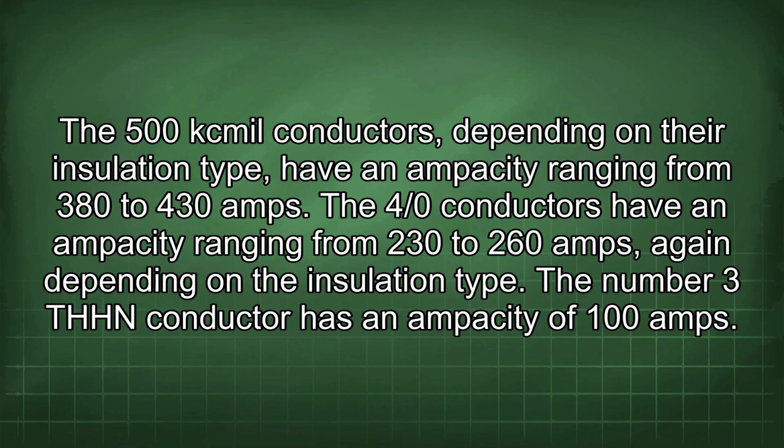The 500 kc mil conductors, depending on their insulation type, have an ampacity ranging from 380 to 430 amps. The 4/0 conductors have an ampacity ranging from 230 to 260 amps, again depending on the insulation type. The number 3 THHN conductor has an ampacity of 100 amps.